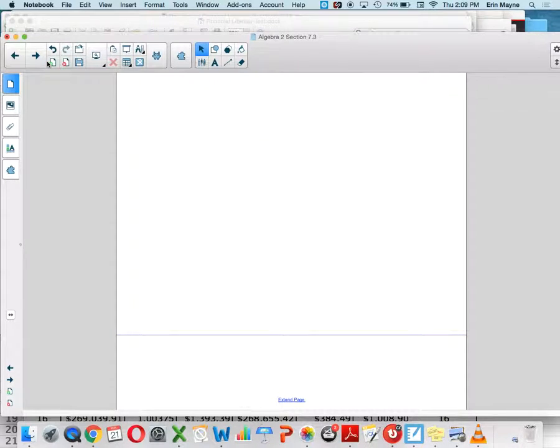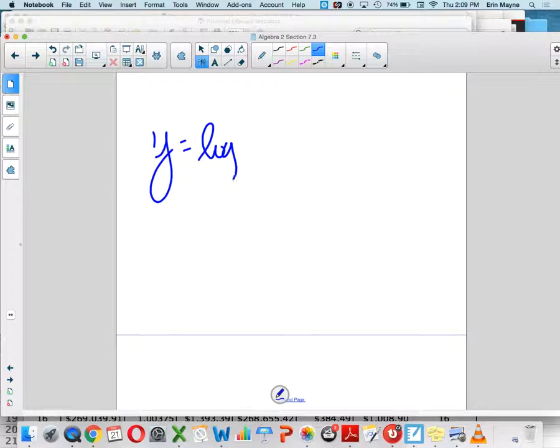Okay, if you need more time, raise your hand. Another way to ask these questions is listed on the slide at the top. If I give you y equals log base 2 of x, this is clearly a logarithmic function.